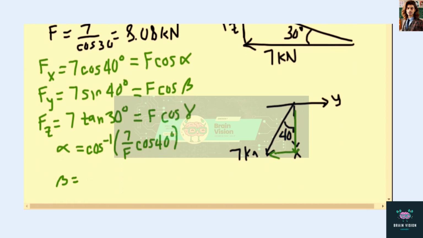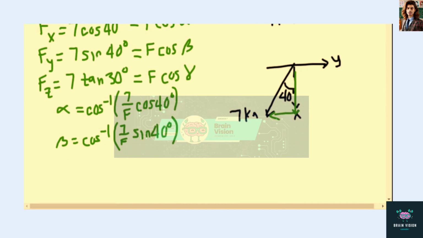Beta equals inverse cosine of 7 over F sine 40. And gamma is the inverse cosine of 7 over F tangent 30.